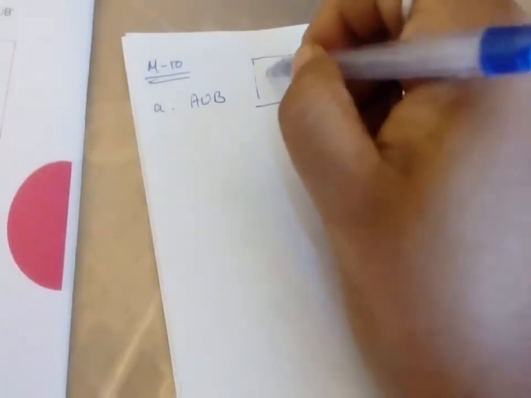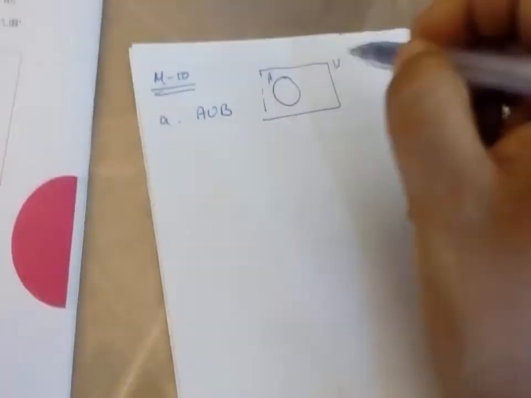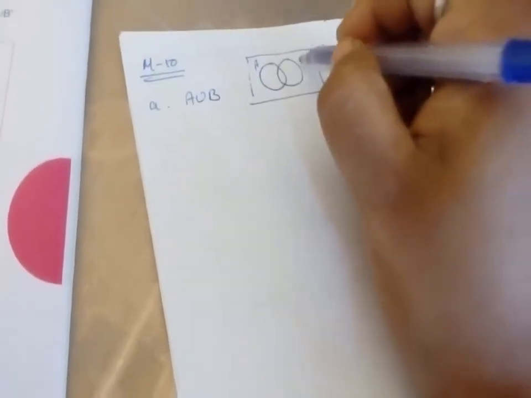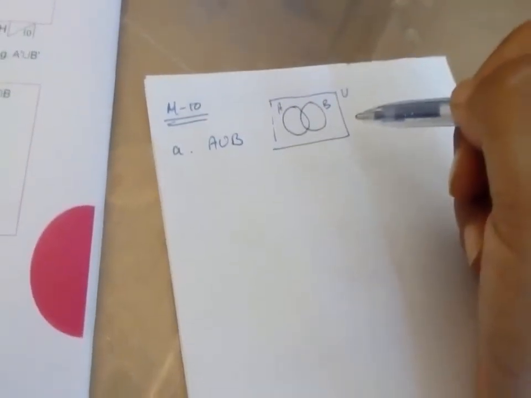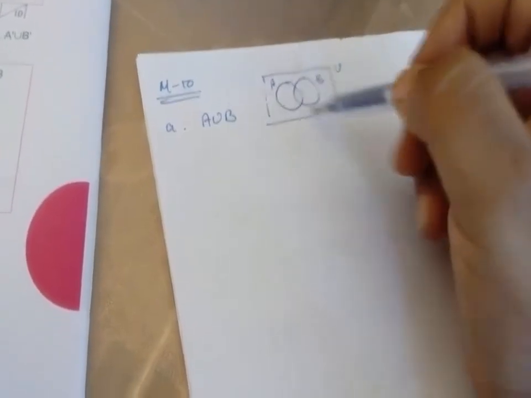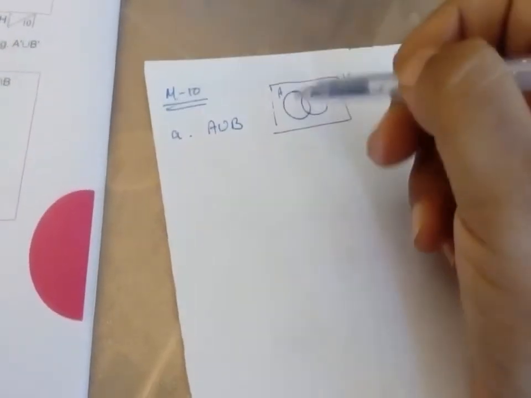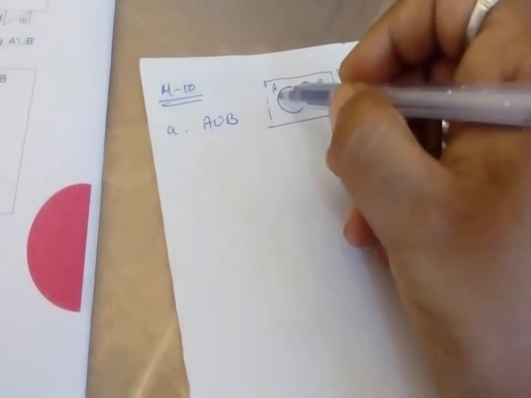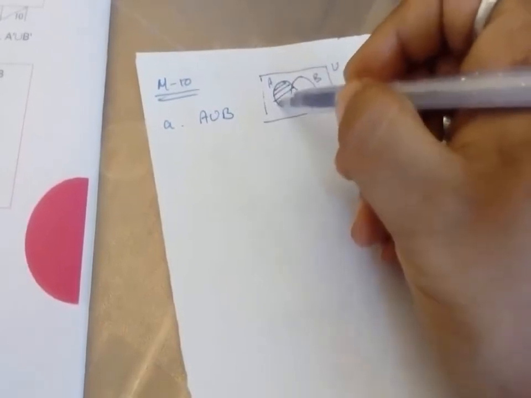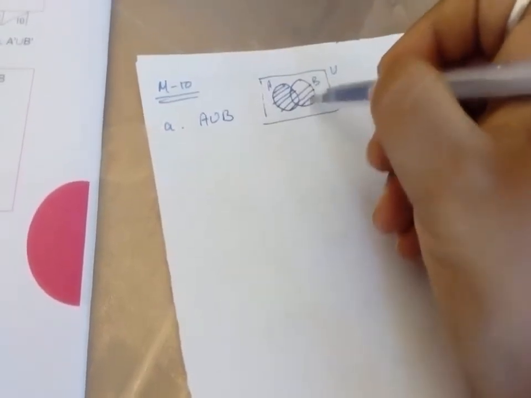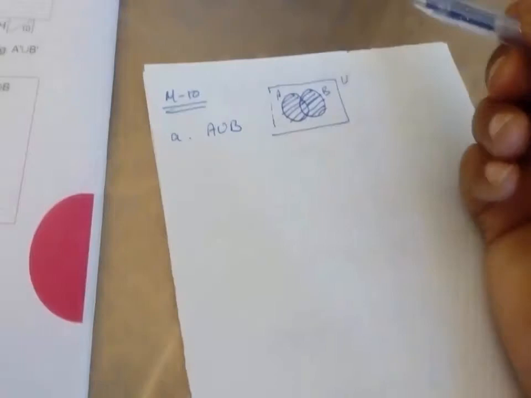Okay, this is set A and this is set B. At this point, let me remind you, you will use a pencil, your ruler and your compass to draw this type of diagram. Okay, so A union B contains all the elements of A and all the elements of B. So if you shade it like this, this will represent A union B.